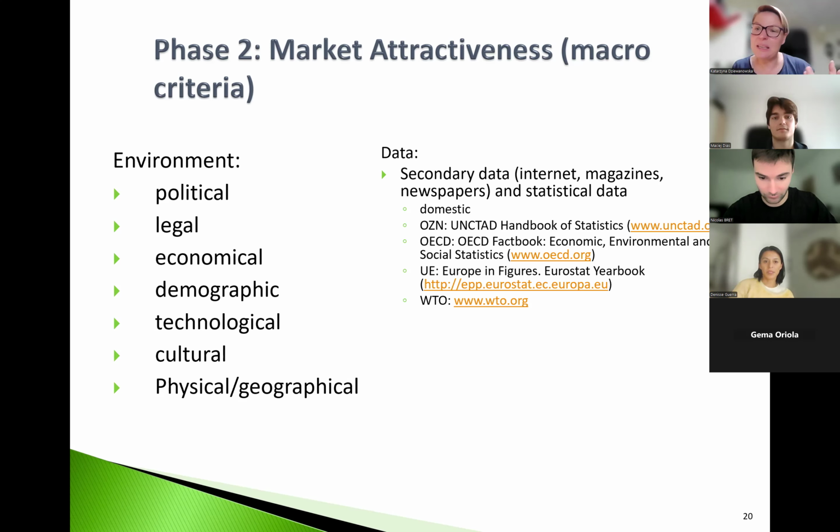Perhaps political is less relevant, and demographic and cultural more, right? So you have to focus on these aspects of the environment which are more relevant to your business. If you do AI, then I think the geographical aspect is irrelevant, but technological very much, right?